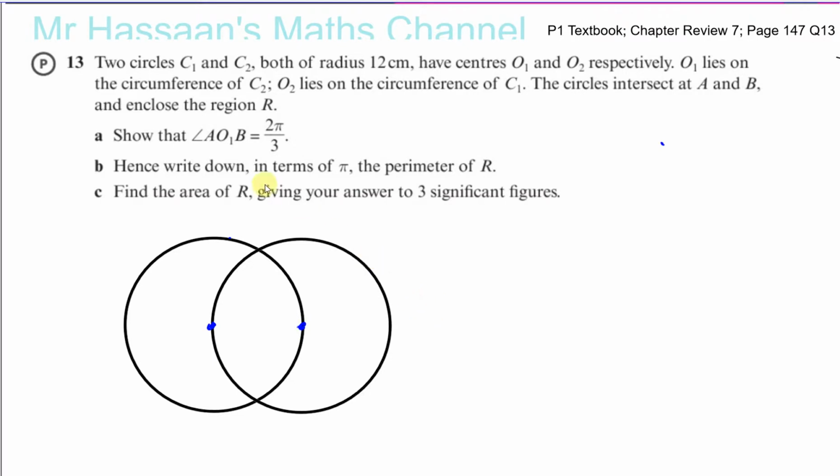That's what they're saying. So this is circle C1, and this is the center of C1.